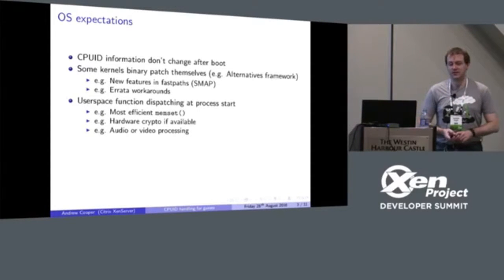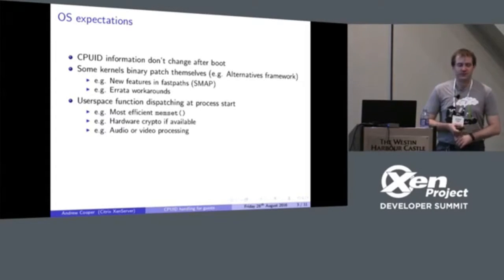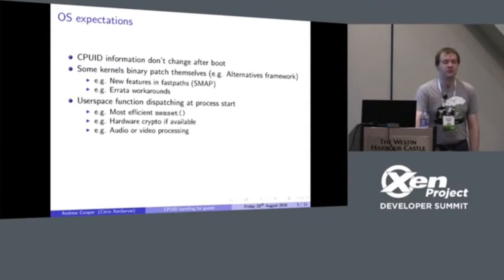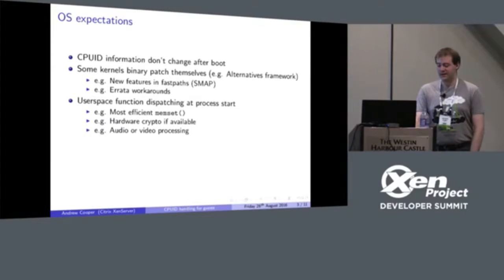Alternatively, things like SSL libraries will happily try and use hardware features where available, and audio-video processing is substantially faster using some of the new FPU pipeline stages. So a whole lot of code nowadays relies on being able to look at CPUID, pick the most available feature, and use it.